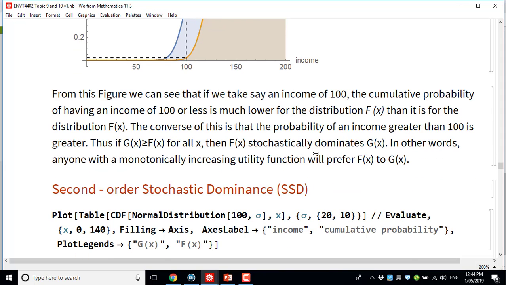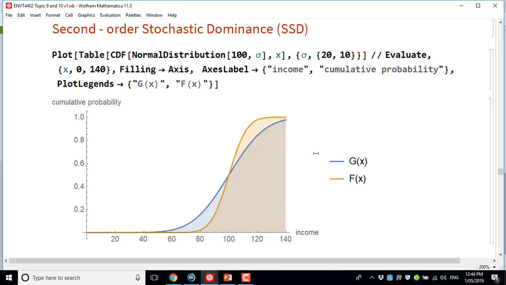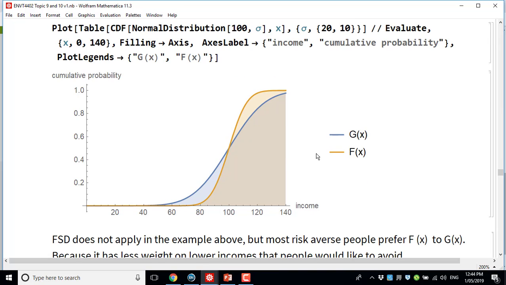There's a bit of text to explain what I've just mentioned. But what is more interesting, in the last few minutes I want to cover, is a situation like this, where there is no clear dominance.